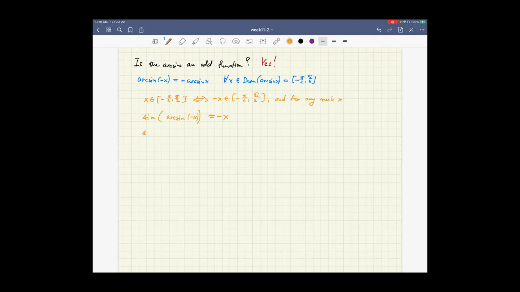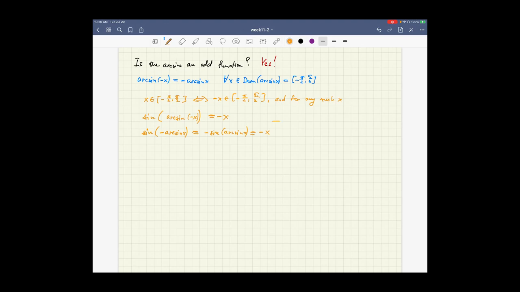And of course sine of the right hand side, by the fact that sine is an odd function, will be negative sine of arcsine x, and that's simply negative x.